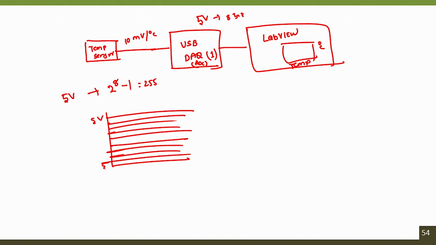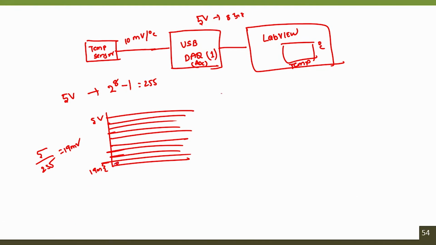Each level height will be 5 divided by 255, which is 19 millivolt. That means anything less than 19 millivolt will always be considered as 0.